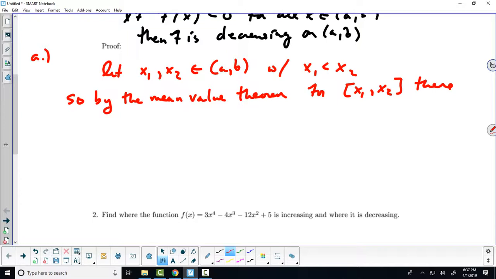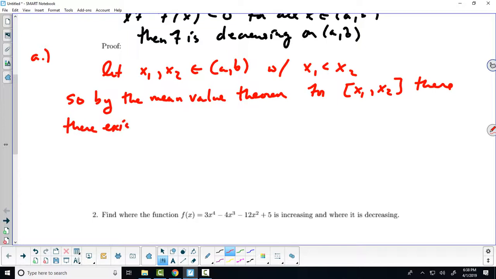And so what's the conclusion of the mean value theorem? If you've got a continuous function on a closed bounded interval that's differentiable on the interior, there exists a c value.